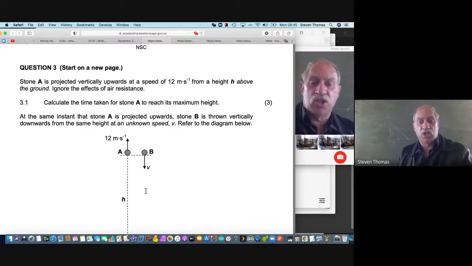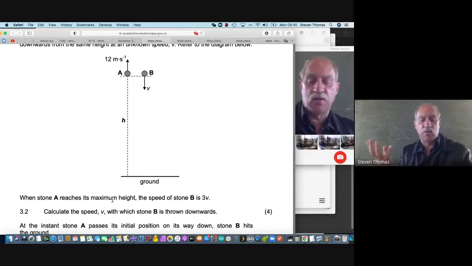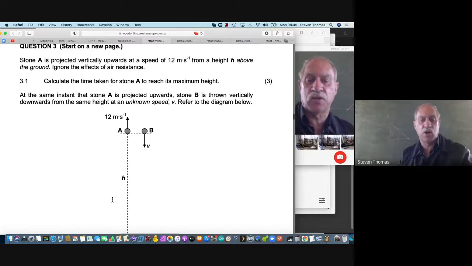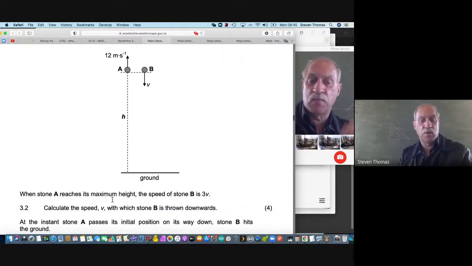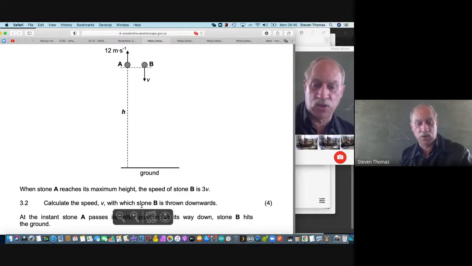And when stone A reaches its maximum height, which we know the time taken to reach, by that time stone B's velocity is triple what it started. Calculate the speed v with which stone B is thrown downwards.